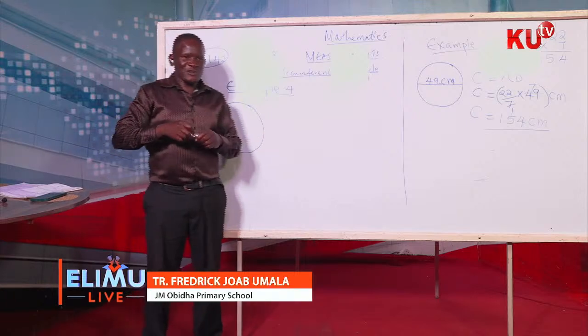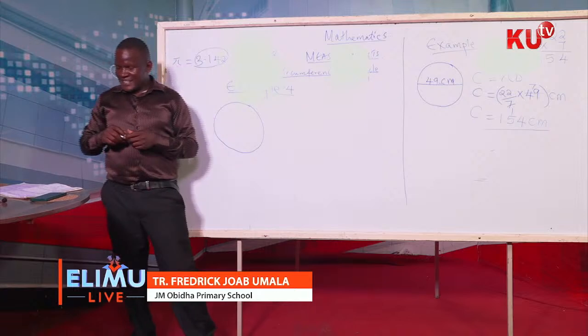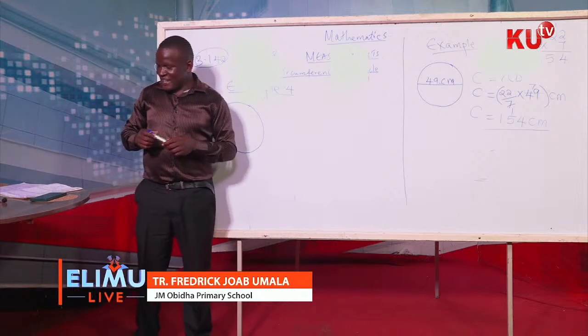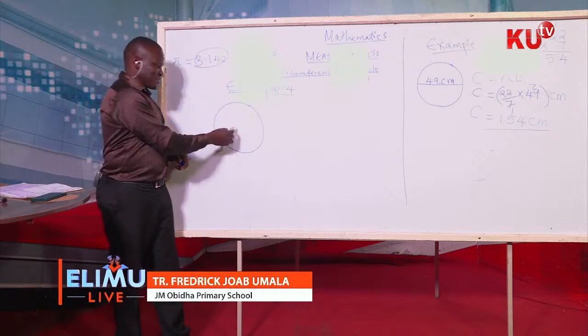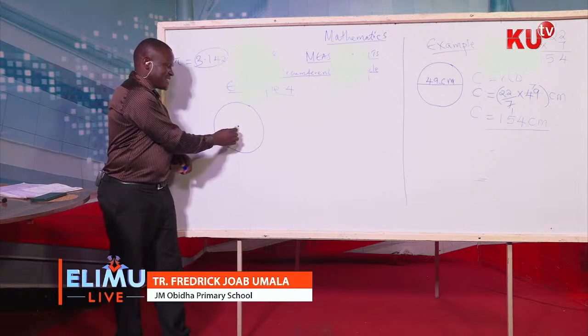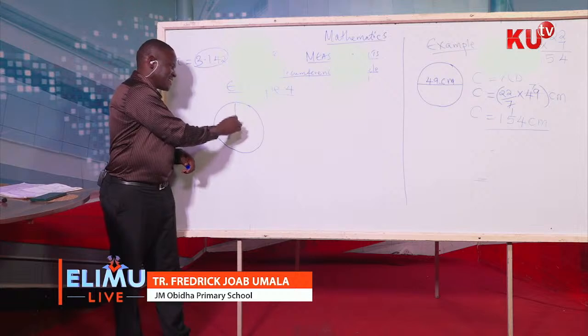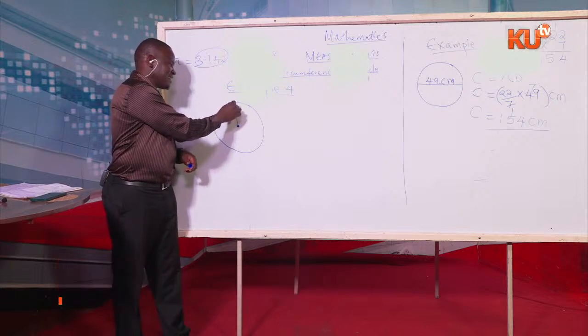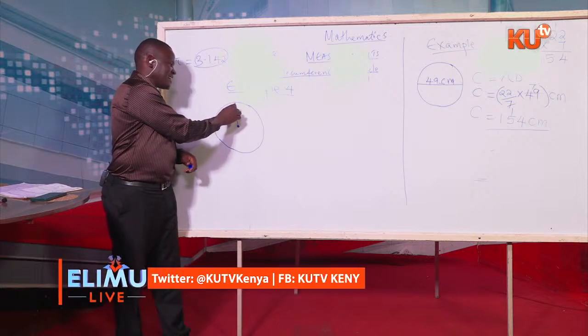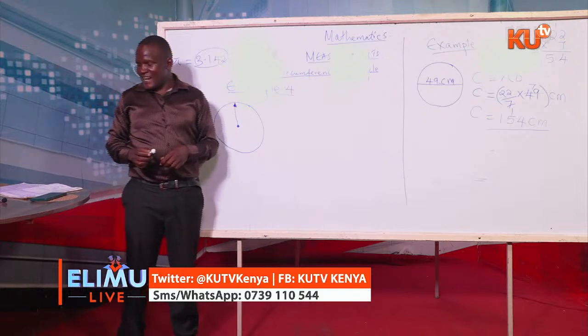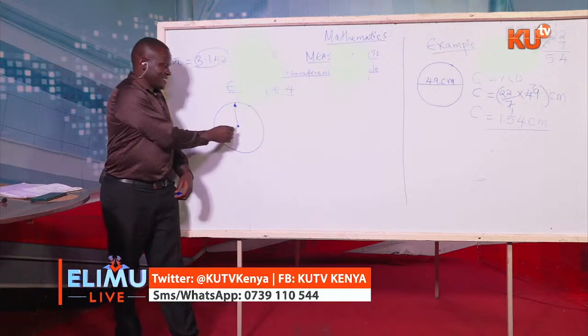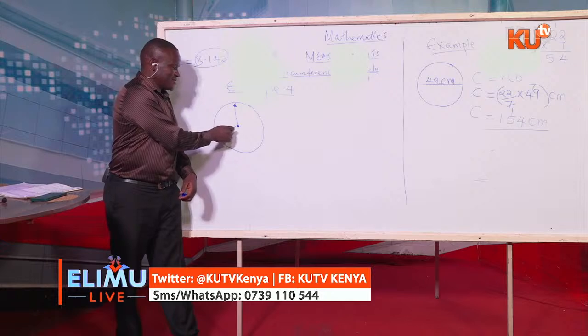Our wall clocks are always circular in shape. So we have the minute hand. Let me just draw the minute hand. And our minute hand is usually longer than the hour hand.